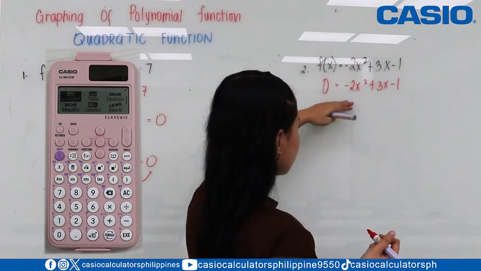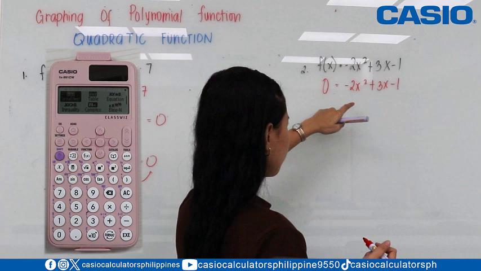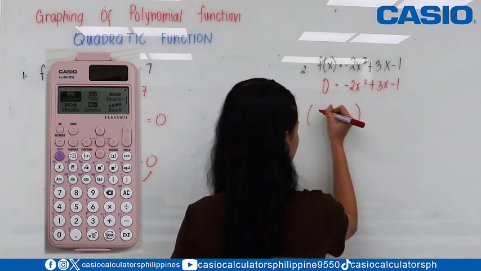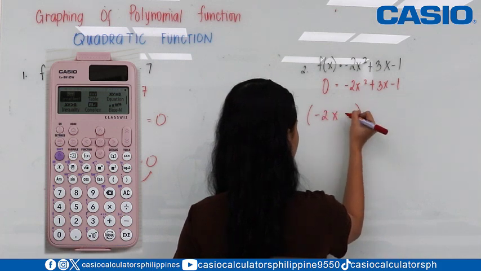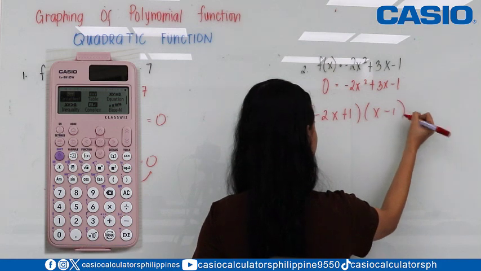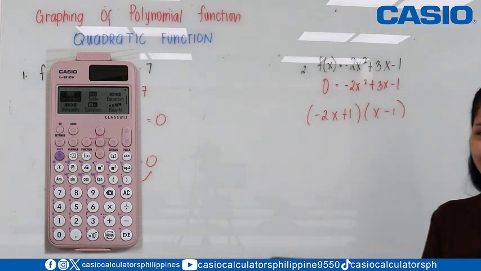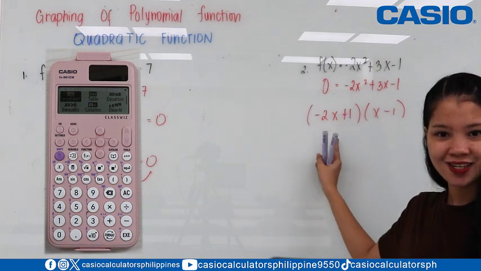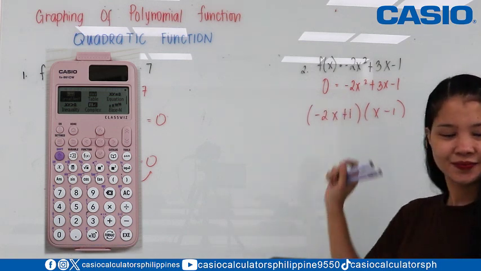So now we have this equation. We have to factor this equation. So we have negative 2x plus 1 and x minus 1. So now, let's check if this factor gives the same answer as this equation.